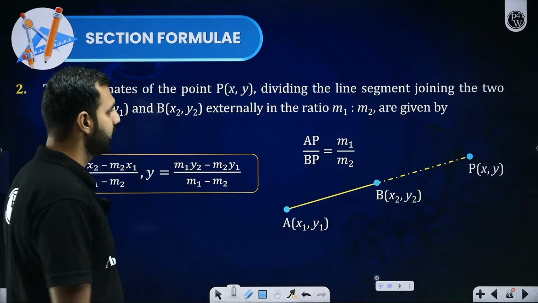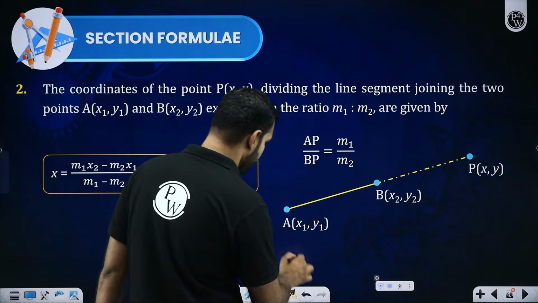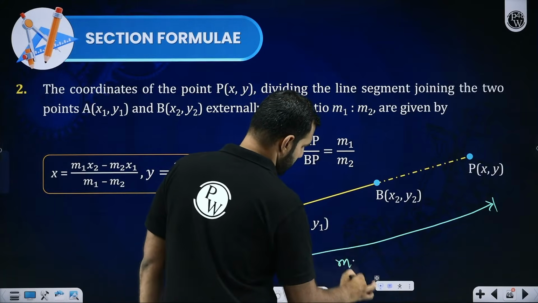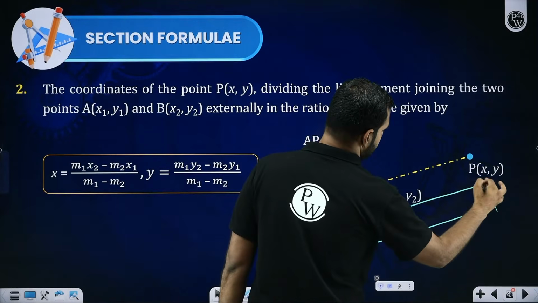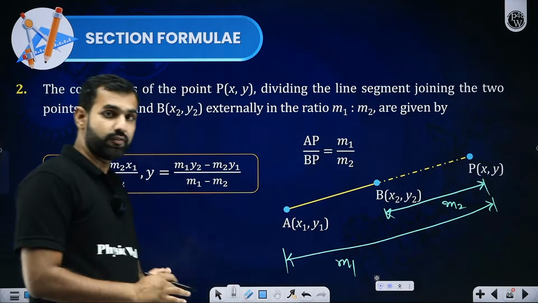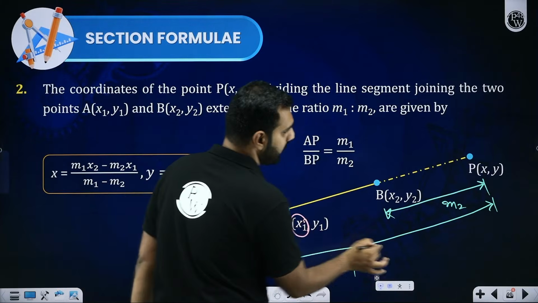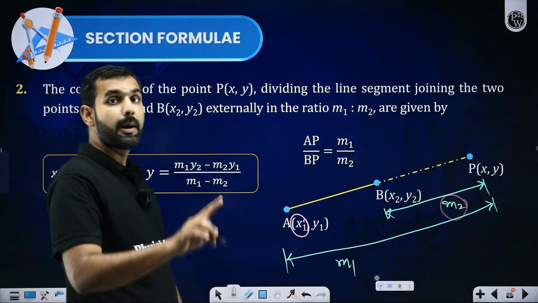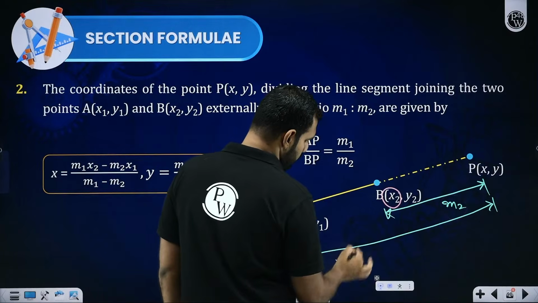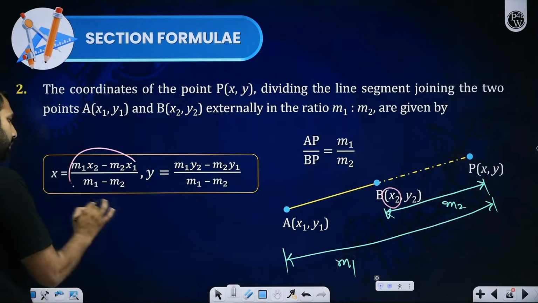How? Pay attention everyone. I'll just write it for simplicity here. What is m1? This whole distance here is m1, and this distance over here is m2. First of all, did you all understand this? Now, how do we use the section formula for external division? Pay attention everyone. x1 into m2 minus, external division, that's why minus, x2 into m1 divided by m2 minus m1 will be the x coordinate.